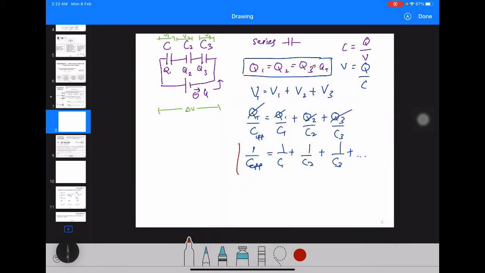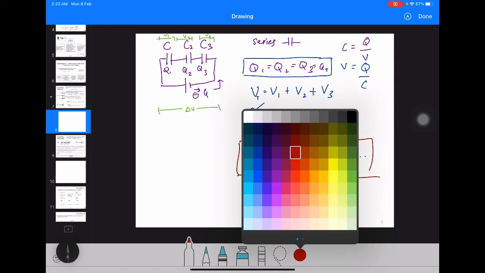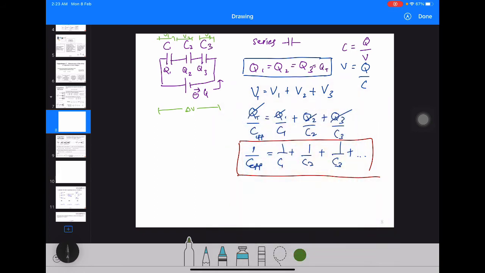Okay, another important thing that I would like to point out is about our V, Q and C here. Our C equals Q over V. If you are using C1, this one will be Q1 over V1. Okay. I'm going to write it over here. So if I'm writing here C1 equals Q1 over V1, notice that the subscript will be the same.